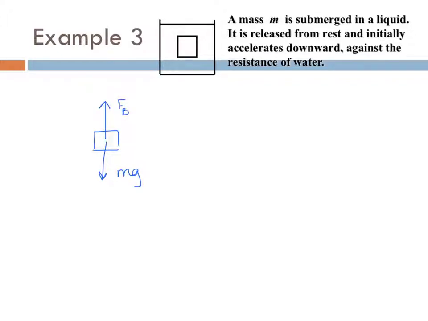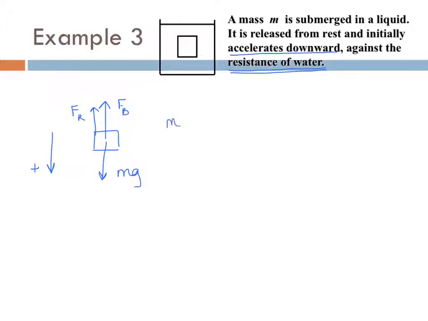But now we also have a resistance because of that water. You can think of friction. So we'll call this force R because it's a resistive force. And I know it's pointing up because we are accelerating downward. So, just like in Newton's laws problems, downward is going to be the positive direction.